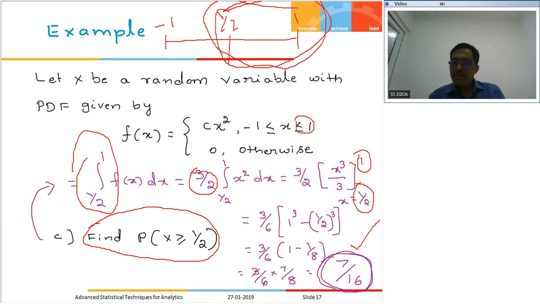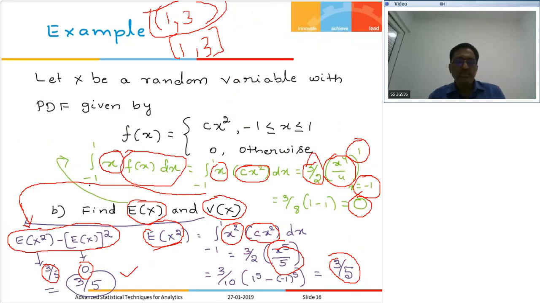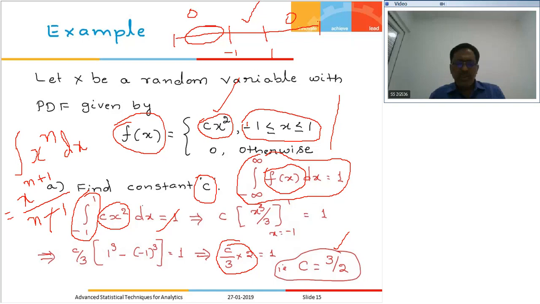On the previous slide, how has C been derived as 3 by 2? Very simple. Minus 1 to 1 is the interval in which this lies, and we know that total probability is 1. So we integrate this and equate it to 1.